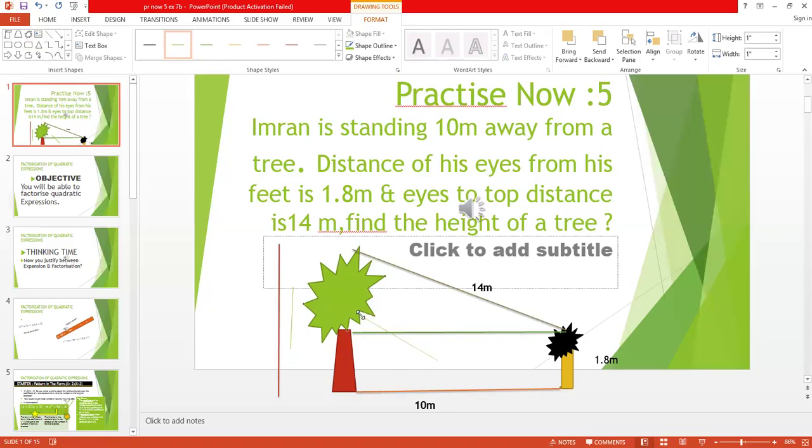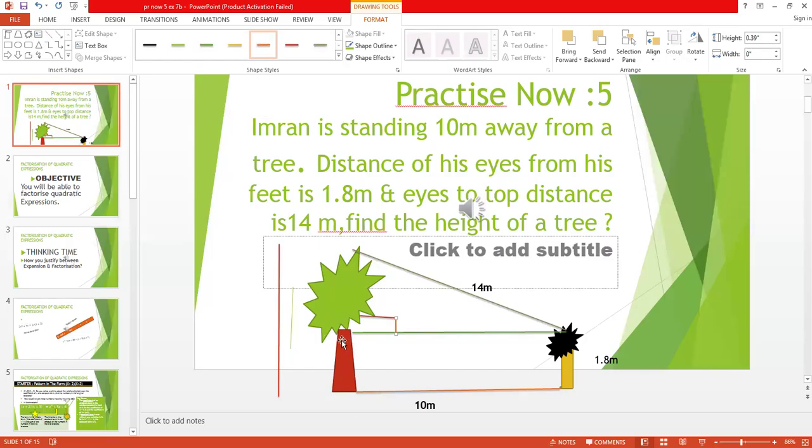Put this line here. Actually, I have to make this angle a 90-degree angle. That's why I have to put this. This one is a shape.